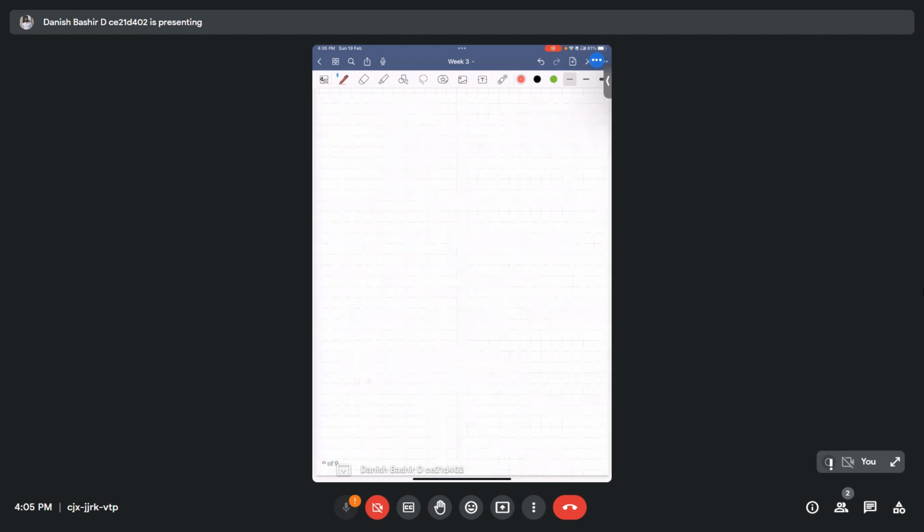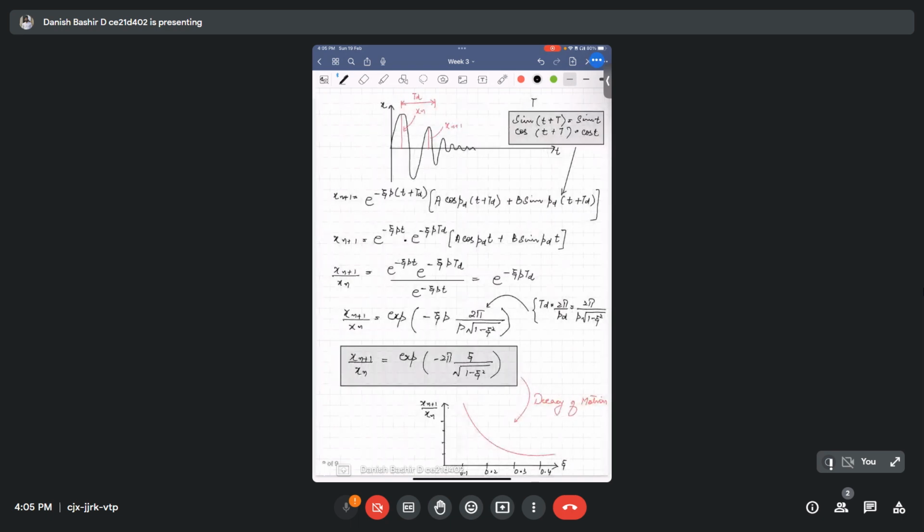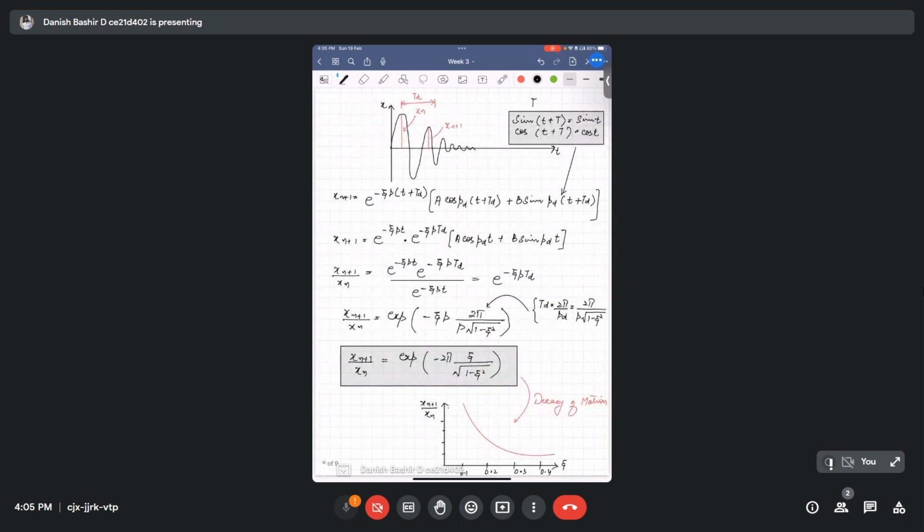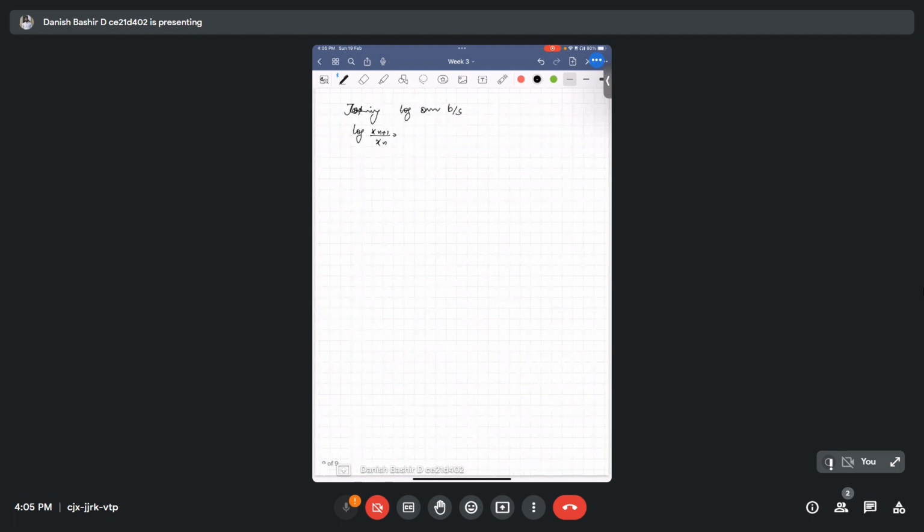So you can do one more thing to it. You can take the log on both sides. Taking natural log on both sides, we get log of xn plus 1 divided by xn equal to minus 2 pi theta upon root of 1 minus theta square.